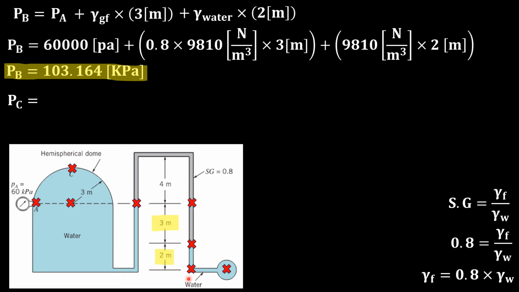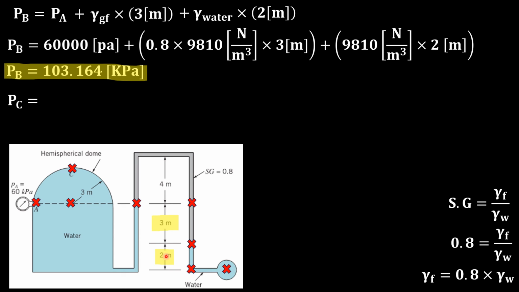And matter of fact, you can use this as a practice. And what you can do is, or I can use my calculator and just to see if starting from pressure at A makes sense. So we said that the pressure at B is 103.164. Then we will go up. So as we decrease in depth, it will be minus sign. The specific weight of water is 9,810 times it's going up 2 meter.